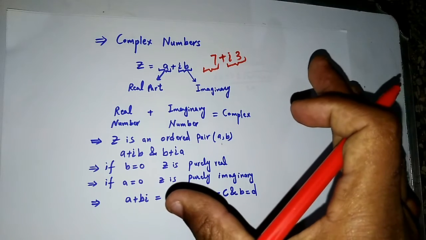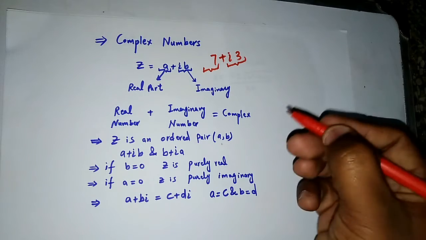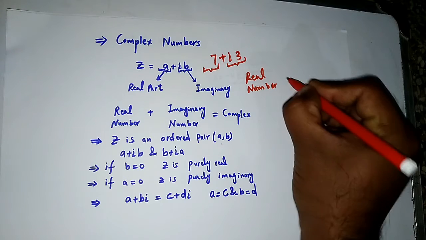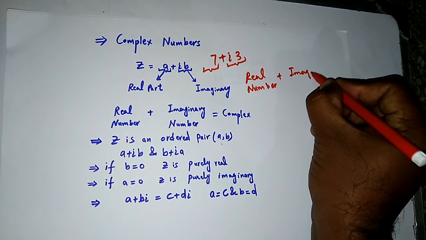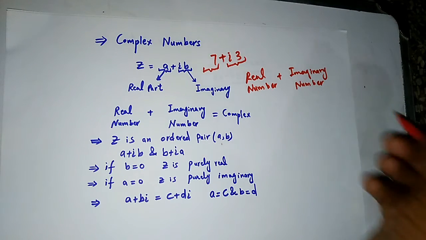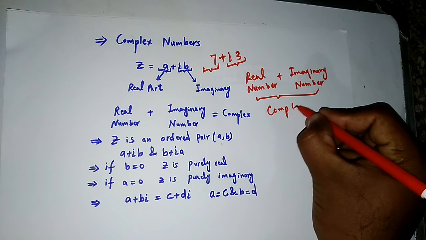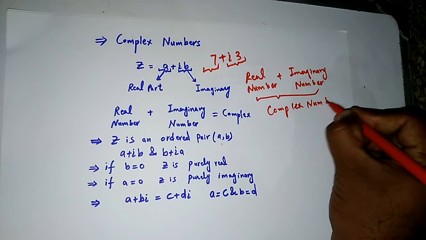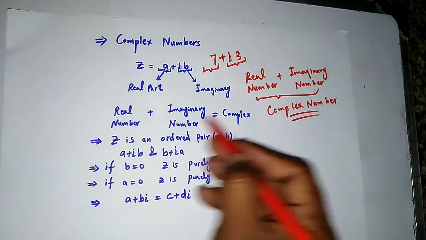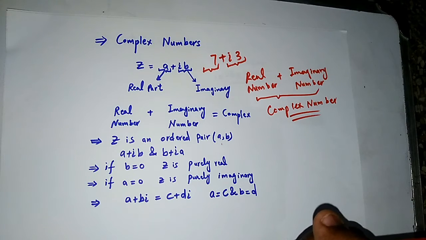So when we get a number which is a mixture of real number and imaginary number, it is called a complex number. So this is the general concept of complex number. Here I have also written: real number plus imaginary number is equal to complex number.